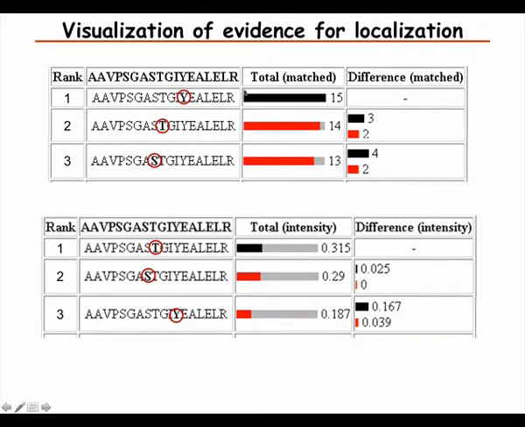To give a little background, most software that does localization uses the number of matches and not the intensity. So in this case, they would probably assign it to the tyrosine, but probably not with a lot of confidence. This is just for you to think about: localization is really not straightforward.